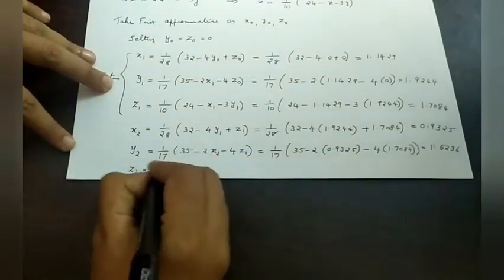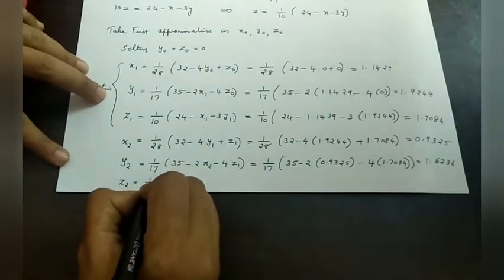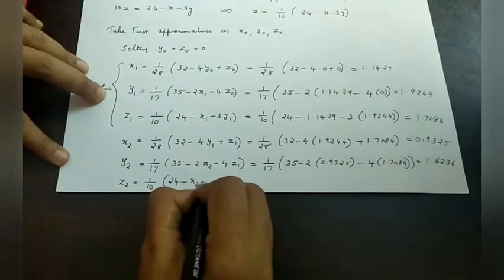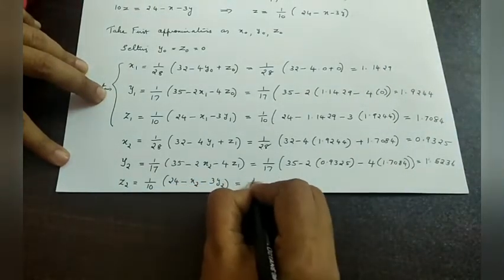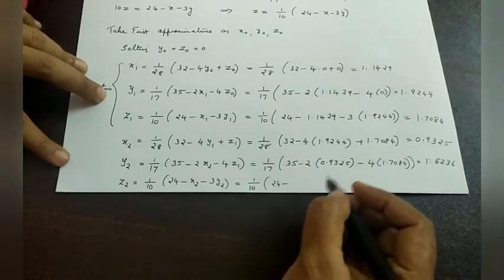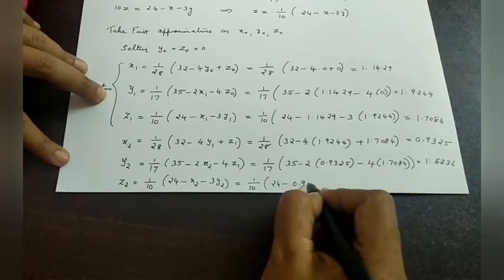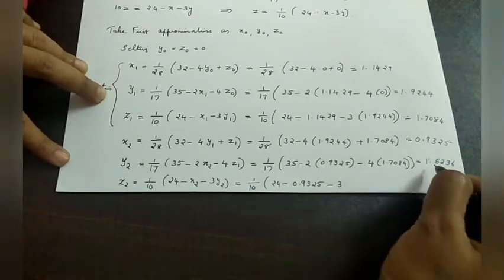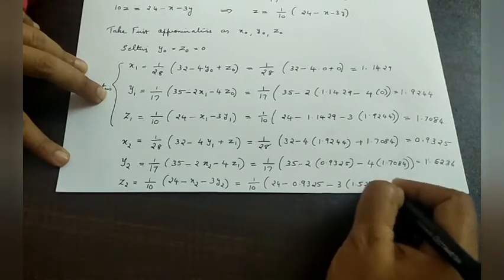Similarly, we can find z2 also. z2 is equal to, on substituting, 1 by 10 into 24 minus x2 minus 3 y2. It is equal to 1 by 10 into 24 minus the value of x2, 0.9325, minus 3 into y2, 1.5236.